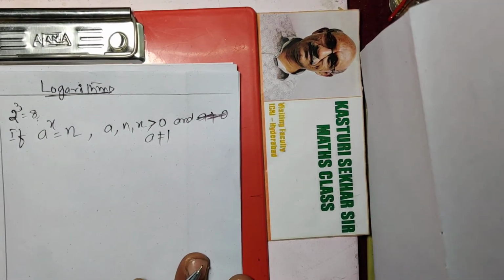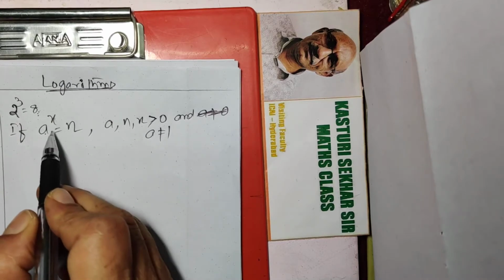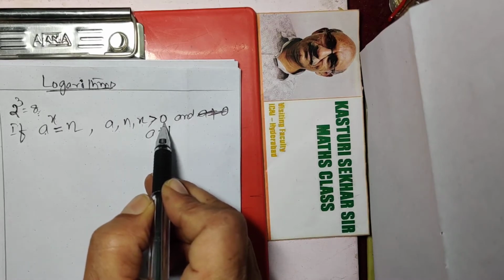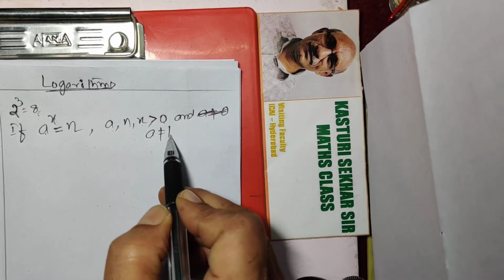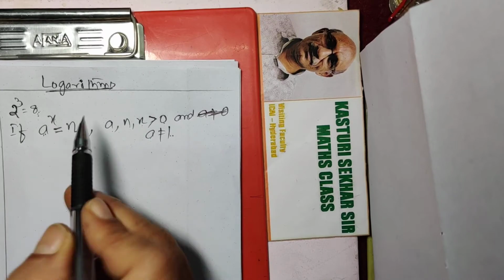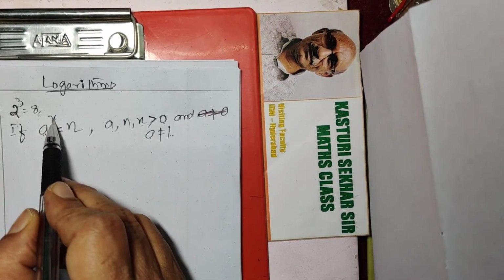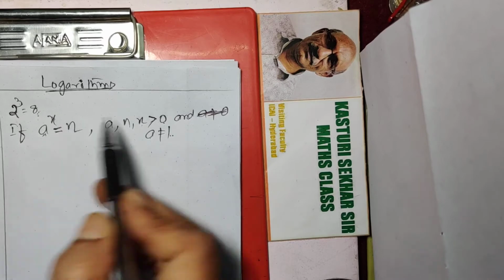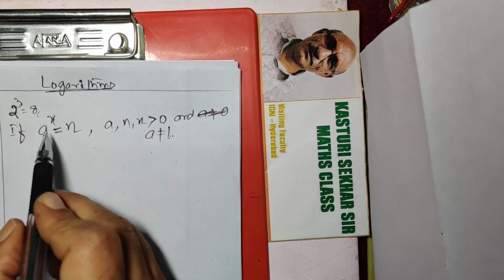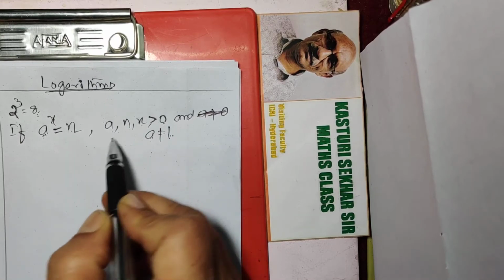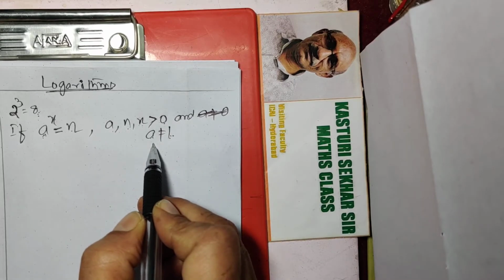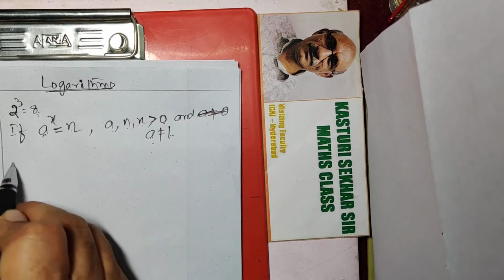Here 1 to the power anything is 1: 1 power 2 is 1, 1 power 3 is 1, 1 power 10 is 1. Every time the answer is 1. So a is not equal to 1.